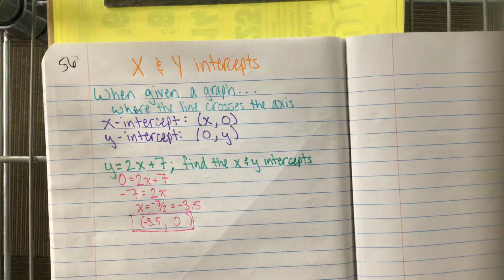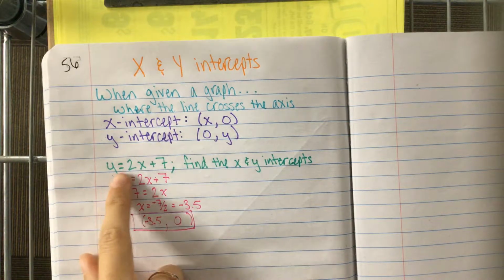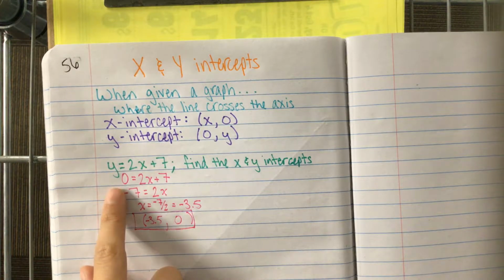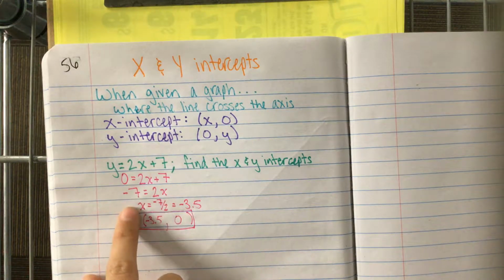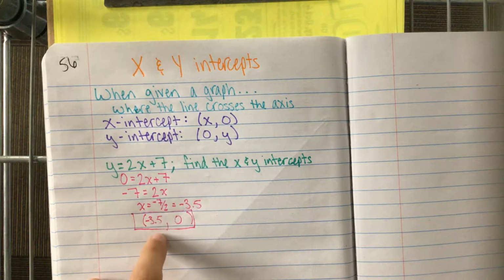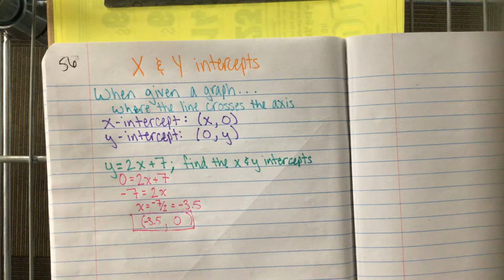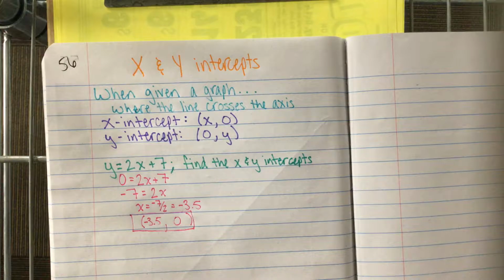Because on my x-intercept, my y value is going to be 0. So if in my equation for my line I put 0 in for y, then I can solve for x. I'll know my x value. I'll know my y value is 0. That's your x-intercept.